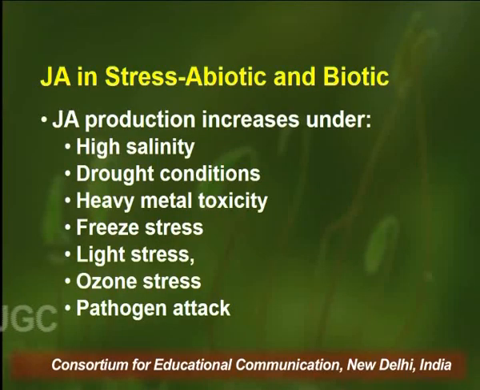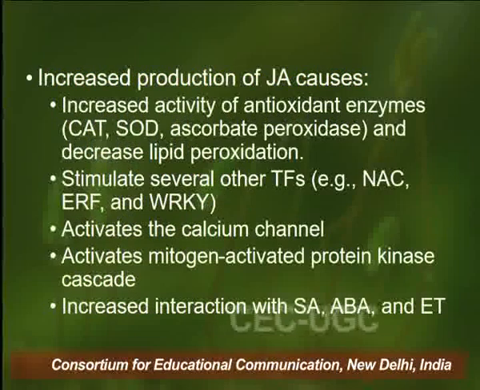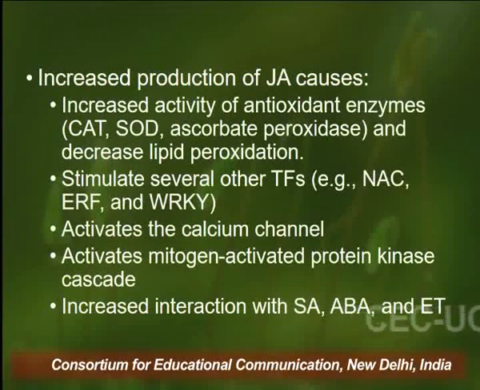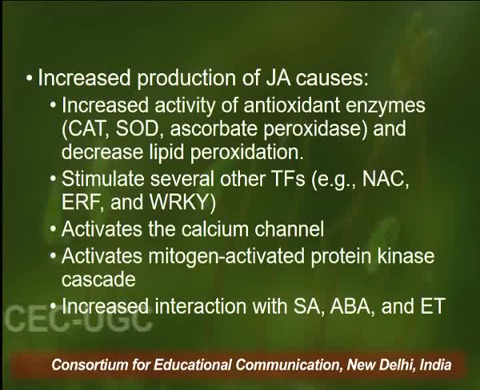As I have already told you, jasmonic acid production increases during stress conditions like high salinity, drought, heavy metal toxicity, freezing conditions, any kind of light or ozone stress, or if any pathogen attacks the plant. The synthesis of jasmonic acid increases.